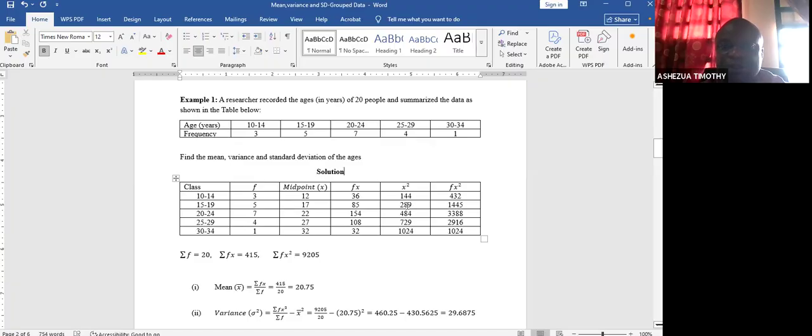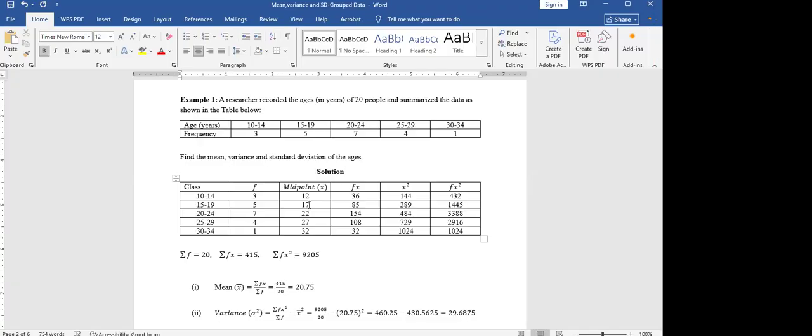Now, how do we get 289? 17 squared is simply 17 times 17. When you say 17 cubed, it's simply 17 times 17 times 17.